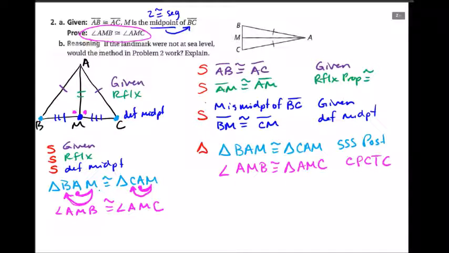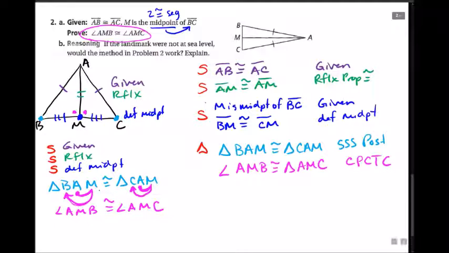Now this one again is pretty straightforward, but this is why I have you break it up, do your define, explore, get all your ideas together, and now we're going to write our official proof here. So I know I need my first side. My first side is just given, that's easy. My second side was just reflexive property of congruence. That's easy.